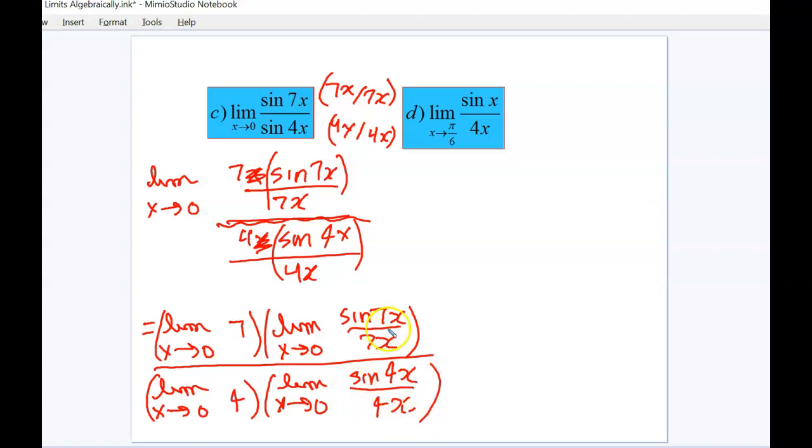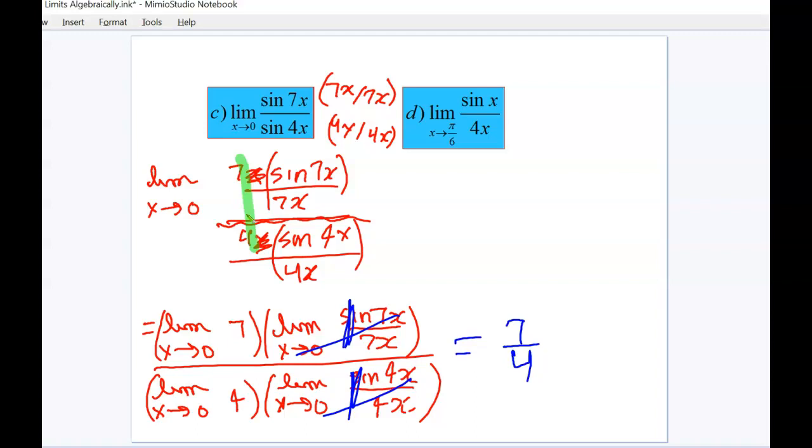Again, we know that these limits both here are 1, and the limits of my constants are just my constants, so my final answer is 7 over 4. A lot of you probably could have jumped from this step right to here to see that these are 1, so my answer is just 7 over 4, but I went through all the algebra for that one.